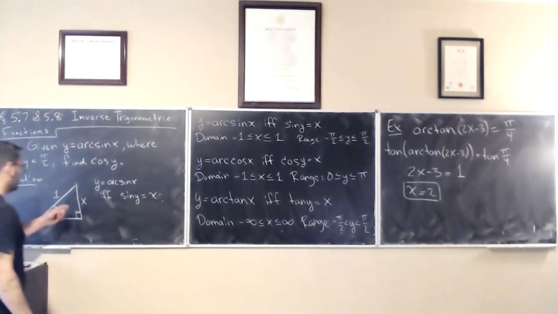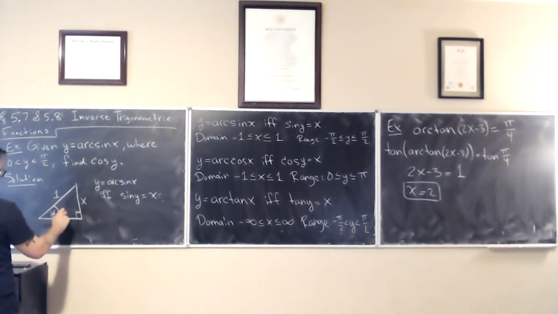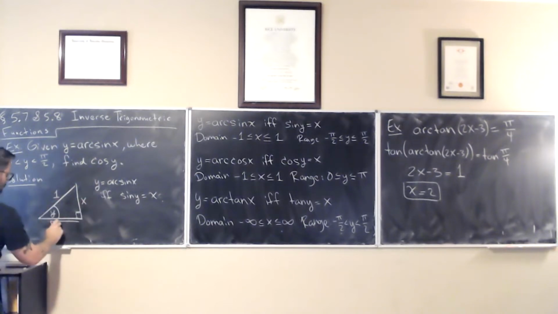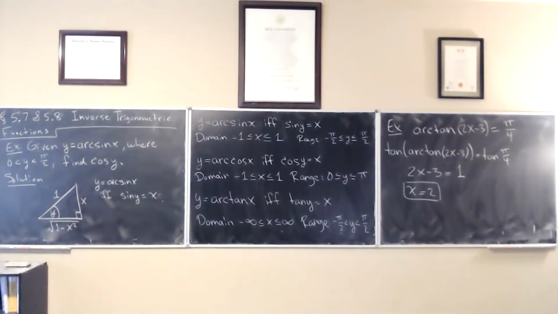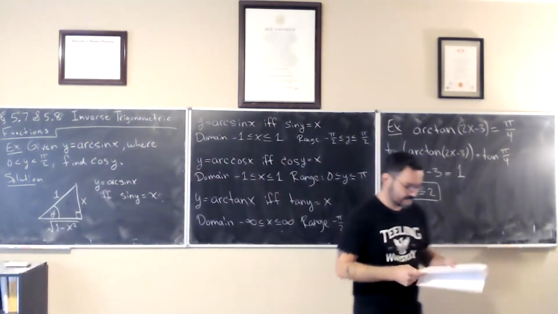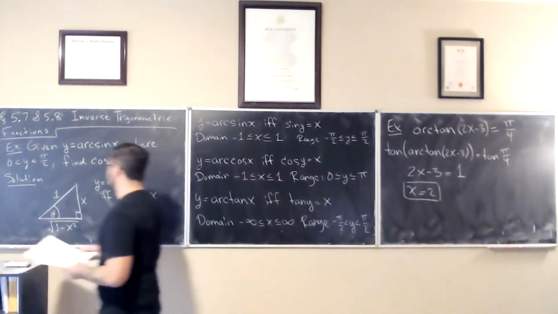Or opposite over hypotenuse. But once we know that, we know that this is going to be the square root of, so that squared plus that squared is equal to that squared. So that means that 1 minus x squared is equal to this thing here. Okay. So what does that mean about cosine?